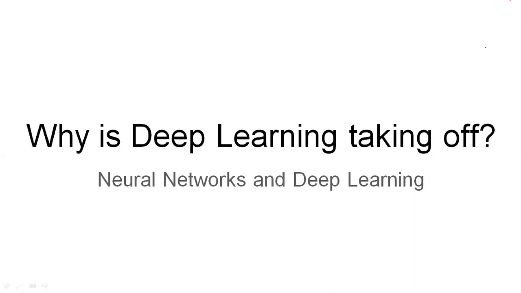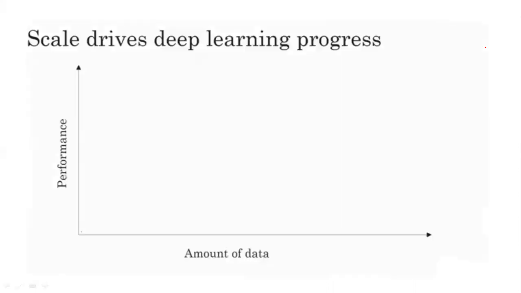So let us continue. Now, here you can see this graph, and in this graph, the x-axis represents the amount of data that we have, and the y-axis represents the performance of the algorithm. Here, by performance, we mean the accuracy of the algorithm.